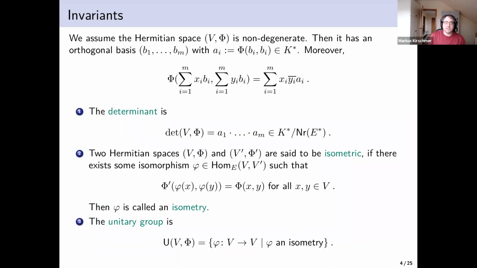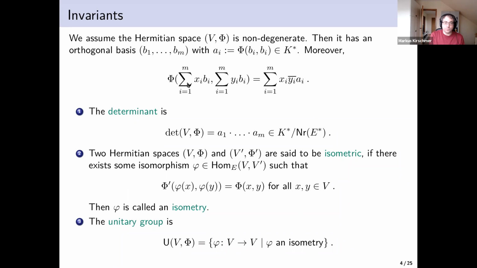Now, what does such a Hermitian space look like? First of all, I want my space to be non-degenerate. That means more or less that if I choose an orthogonal basis by the Gram-Schmidt process, just like you learn in linear algebra, then the diagonal entries, so the lengths of these basis vectors, are non-zero.